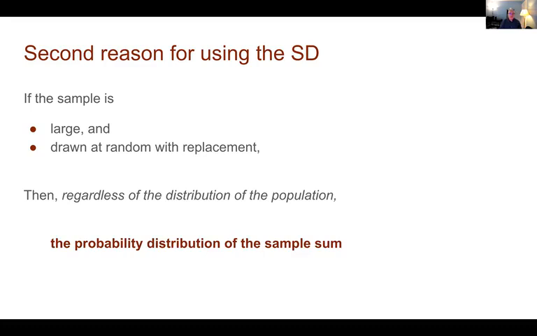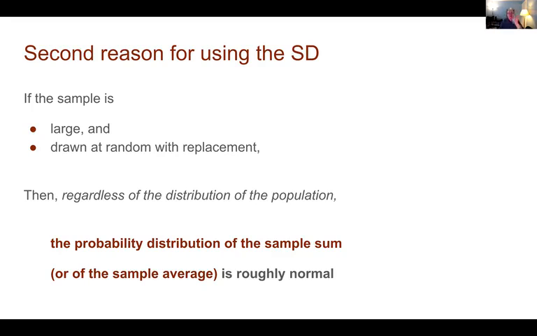the probability distribution of the sum or sample average is what matters. These two are related, because the sum of all the samples divided by the number of samples is just the average. The average is just the sum divided by some constant factor.